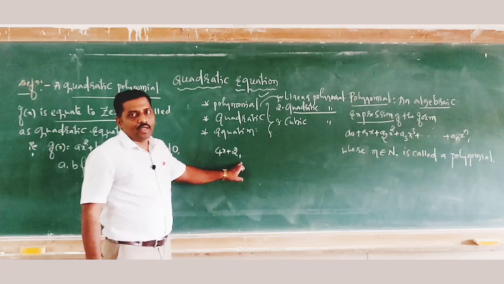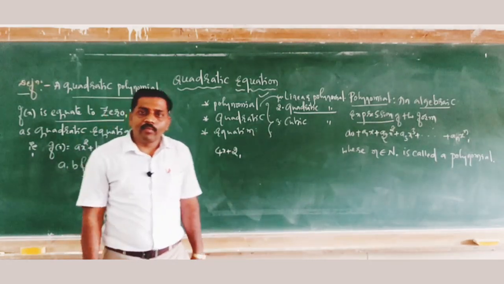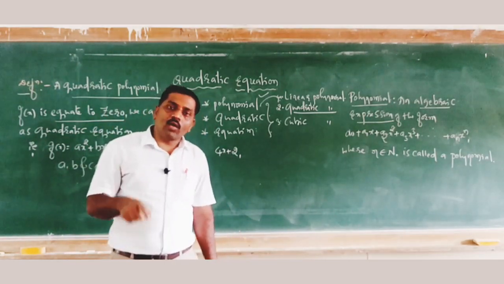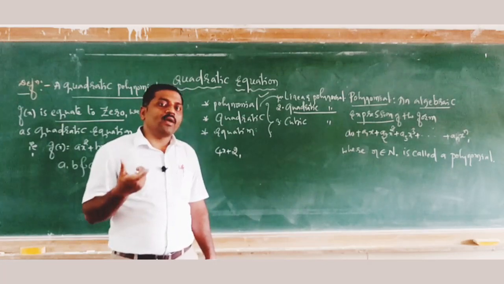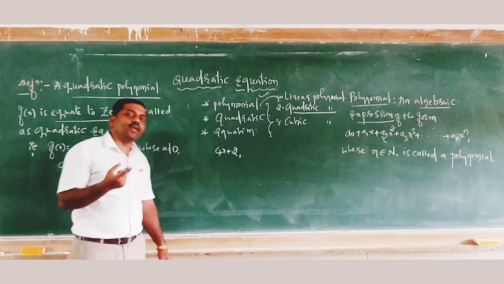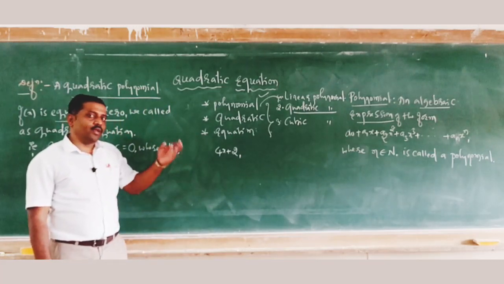Polynomial of degree 2 is quadratic. So how to calculate the degree? In an expression involving variable terms, the highest power of the variable is the degree of the polynomial or degree of that expression.